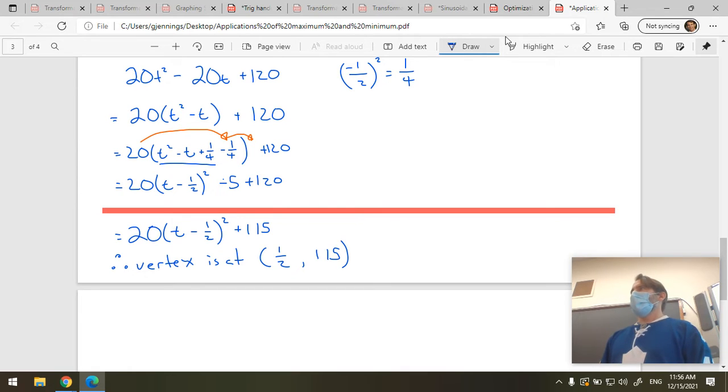So if t was measuring temperature, and we just found that the vertex of this equation happens at the t value of 1/2, that's the answer we're looking for. What temperature should we set the refrigerator at? Positive 1/2 of a degree, just above freezing, and we will get the lowest possible concentration of bacteria.